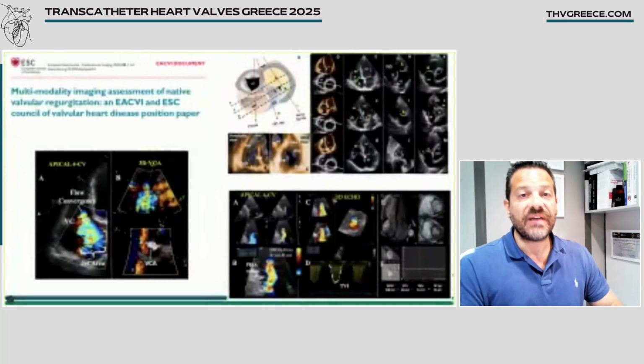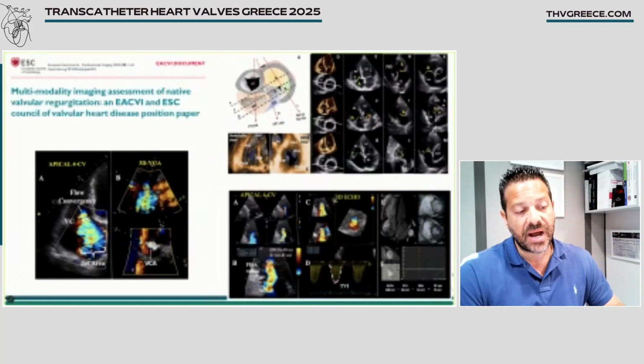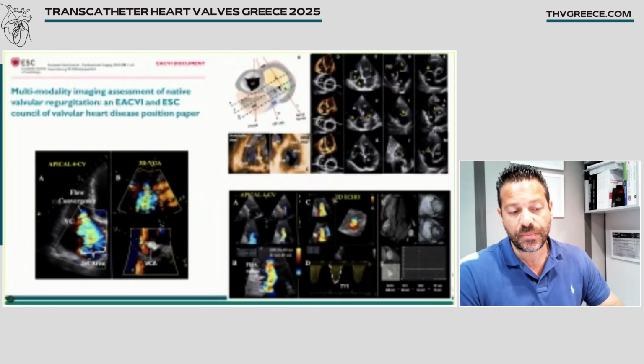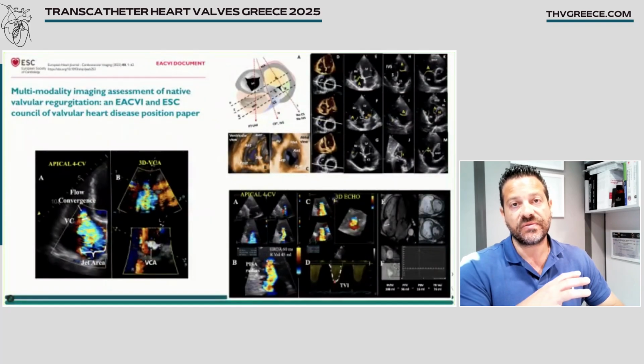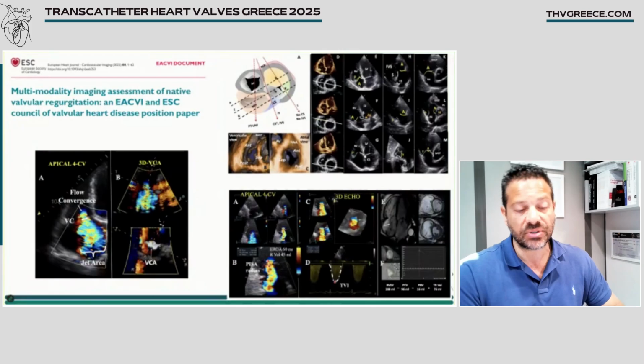For severity evaluation, TR is more difficult than MR because we have a big valve in an environment with low pressures. We have lots of variability of severity according to the respiratory cycle.